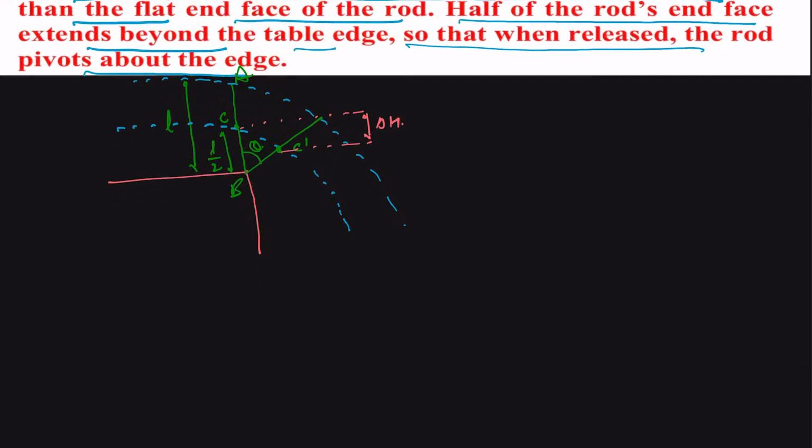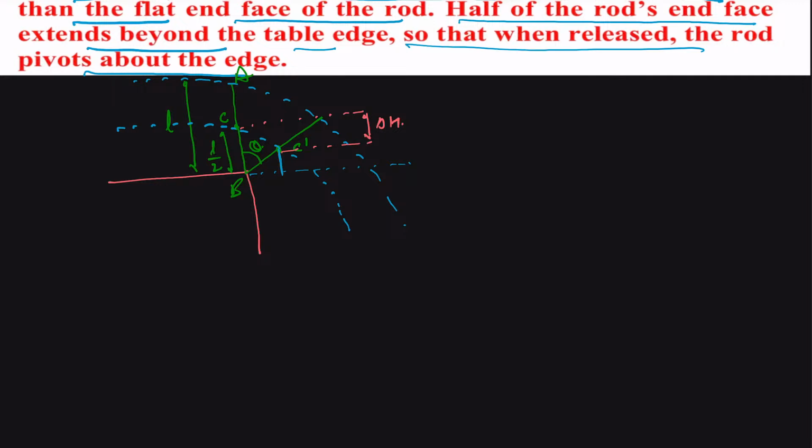For that we are required this particular thing. So we can just complete this figure. Suppose this is our extended portion. So theta, we can find out. Okay, let me draw it here.